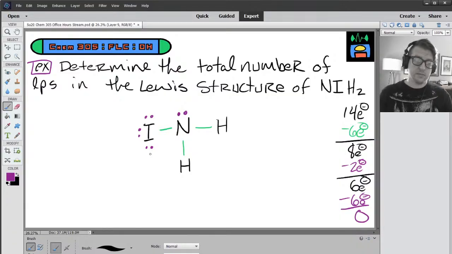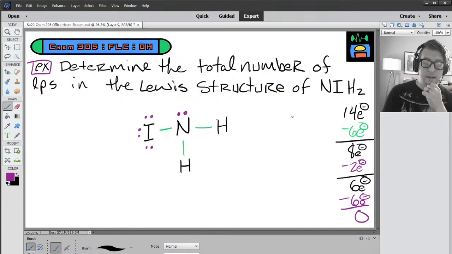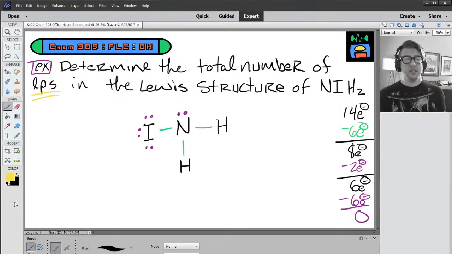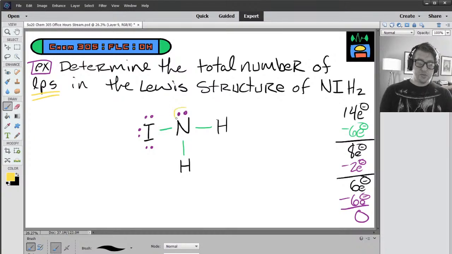Now, if you look at this molecule, we've been asked to determine the number of lone pairs here, all right? The number of lone pairs. Nitrogen has 1 lone pair. Iodine has 1, 2, 3.